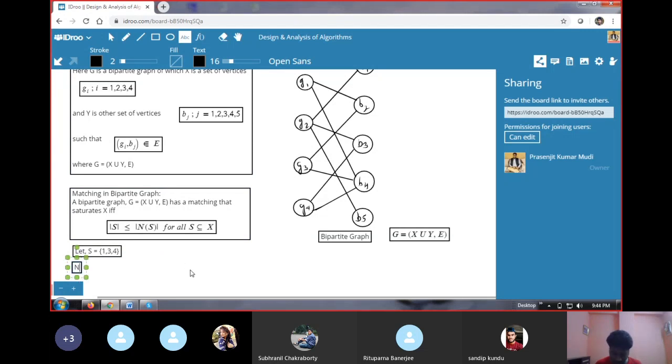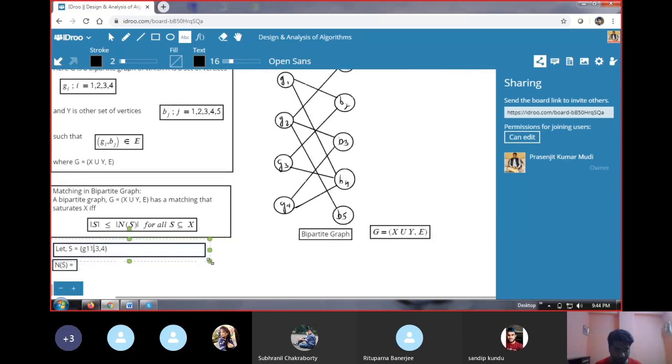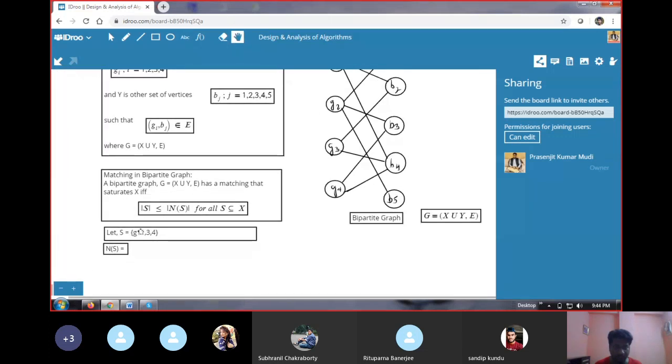Then we will have N of S, where let's say this is G1, this is G3, and this is G4.